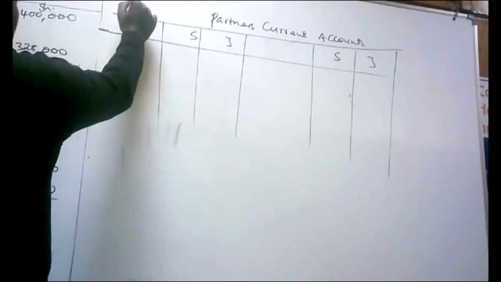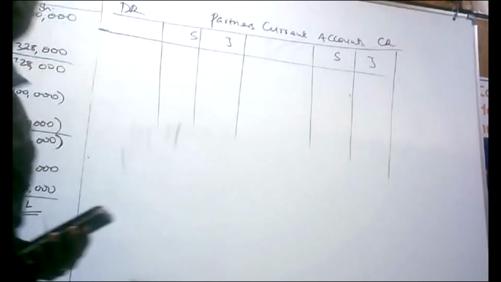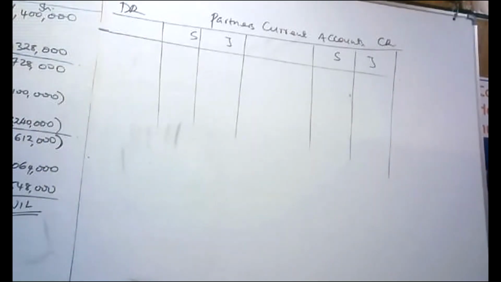So this is the debit side, this is the credit side. We start with the balance for the current account that you are given, if there is any. And if the side is not indicated, the current account balance is normally on the credit, unless it is stated.